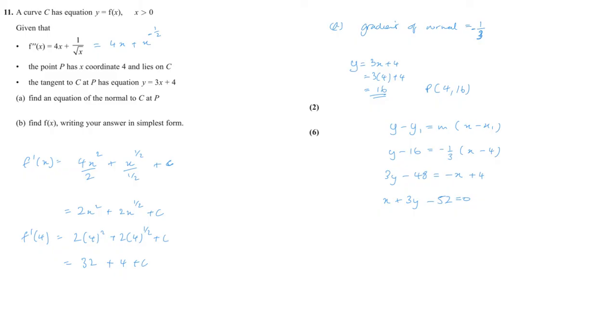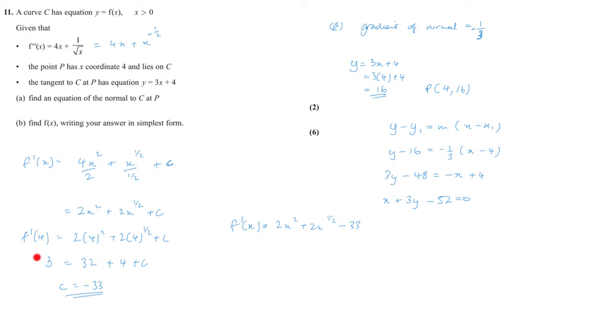So that has the gradient of the tangent, and that's the key step in this bit. So it's going to have a gradient of 3. So this is equal to 3 on the other side. So c equals minus 33. You have to work that out first before going on to the final integration. So we got 2x squared plus 2x to the half minus 33.